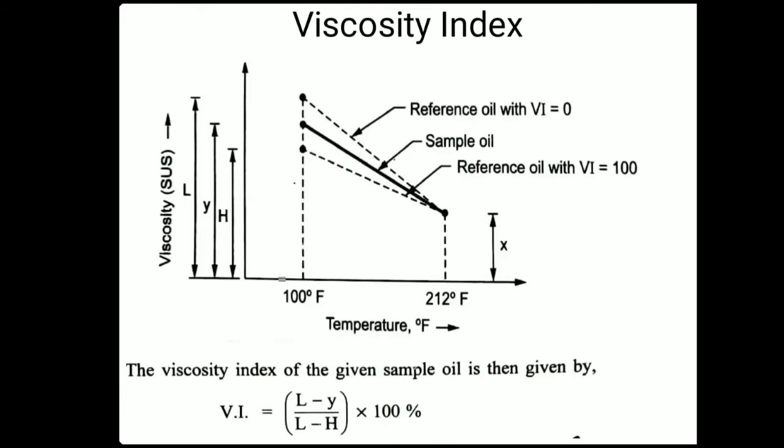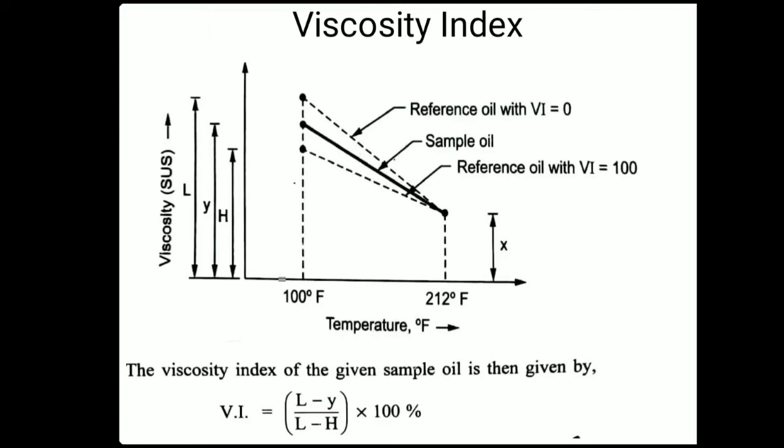Now next is viscosity index. This is an important part. In the case of viscosity index, it is very important to know the variation of the viscosity of the fluid with respect to temperature. One chart here shows the viscosity index. Viscosity index means the change of viscosity with respect to temperature.